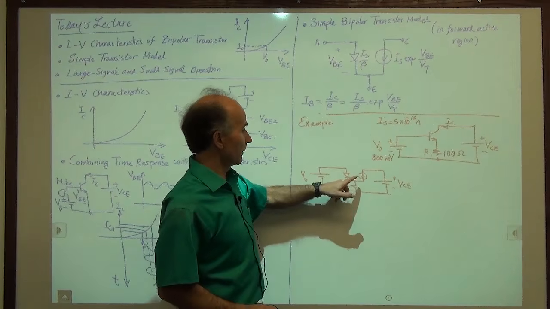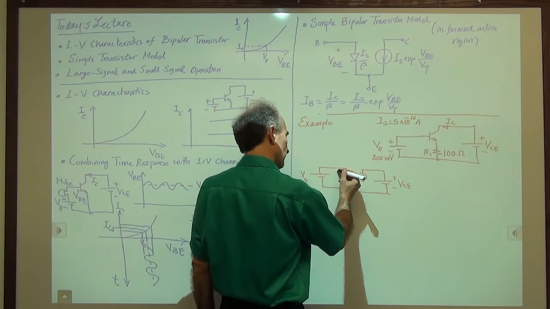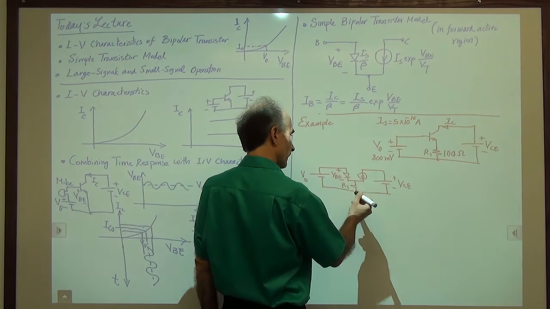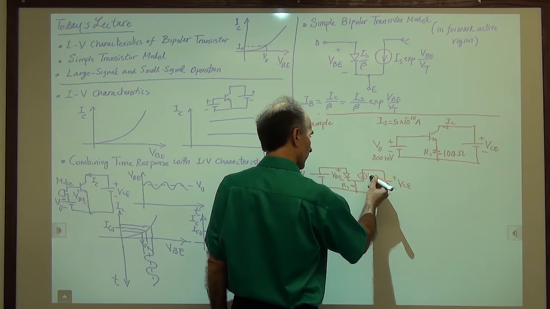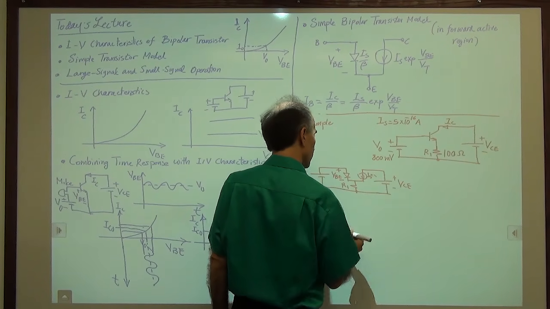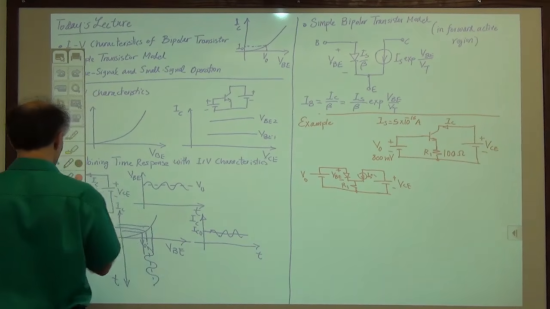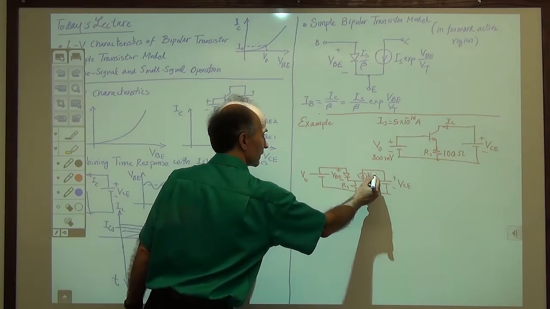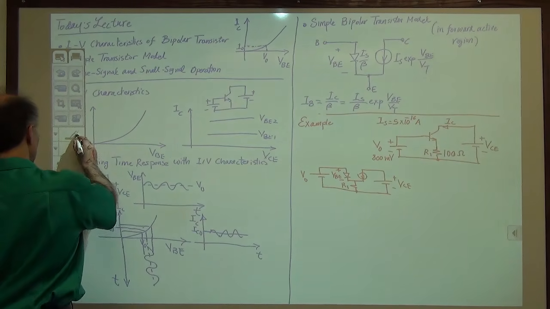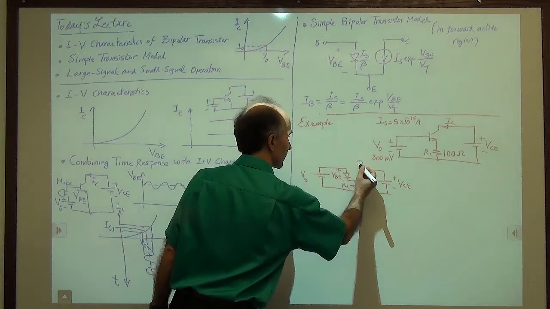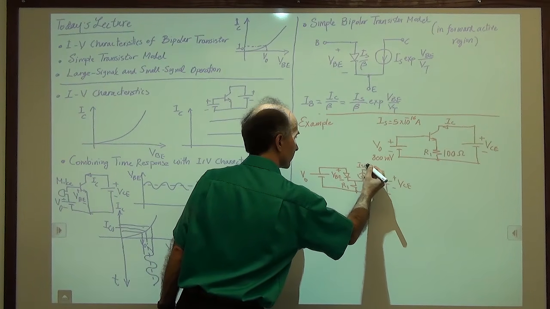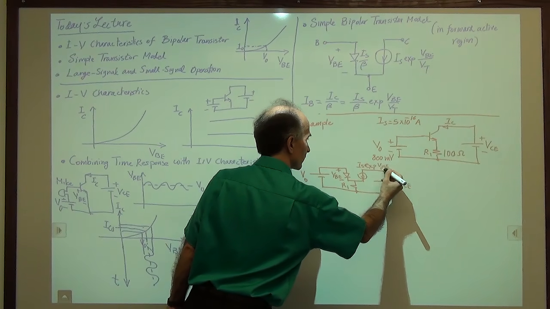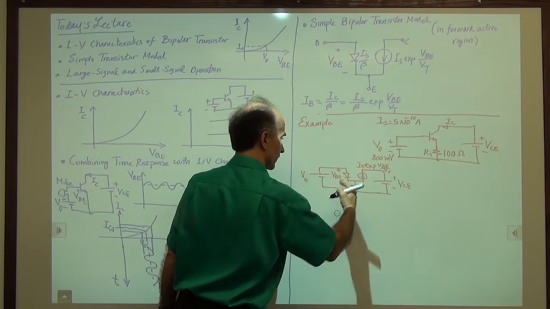And we know the dependence of this upon this, right? So we know that if this is called VBE, then this is equal to IS exp of VBE over VT, the value of this current source.